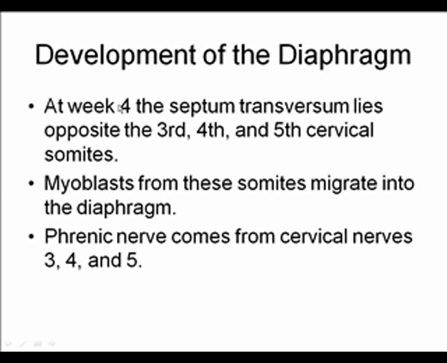So when the septum transversum originally begins to form, it's opposite the C3, 4, and 5 cervical somites. And as head folding occurs, it moves downward, or caudally, and the myoblasts are going to migrate down from these somites, and the nerves are going to follow those myoblasts, and those anterior horn cells are going to give rise to the neurons of the phrenic nerve, which you remember arise from spinal cord segments C3, C4, and C5.